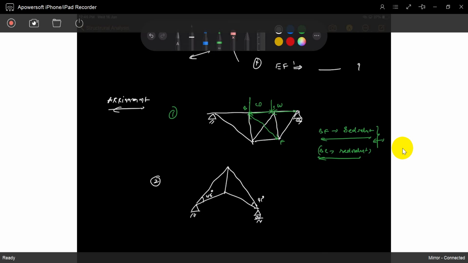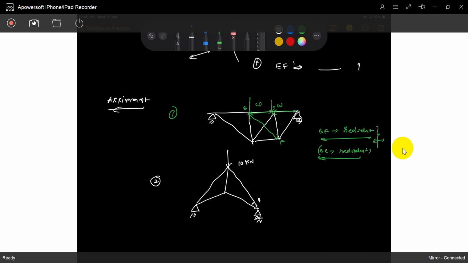I won't give it as 45 degrees; I will give different angles. It is 10 kilonewtons. I will give the values.